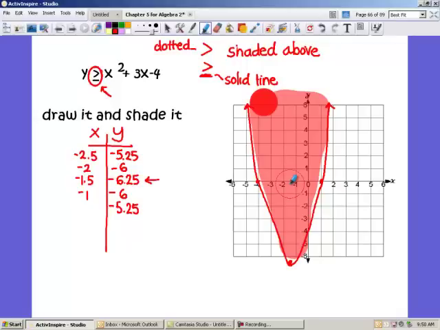So if I asked you of a solution of this inequality, if it's 0, 0, which would be right here, it is in the shaded region, so it is a solution. Anything outside of the shaded region, such as 4, -3, that would not be a solution.